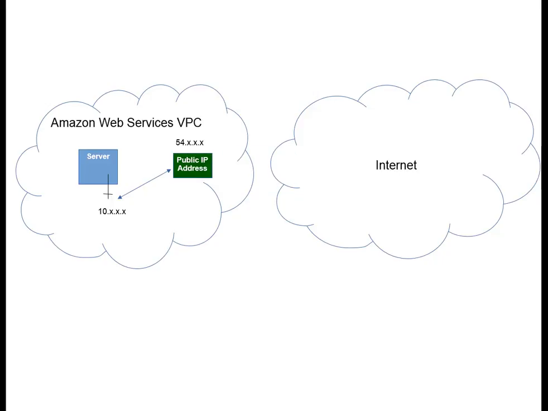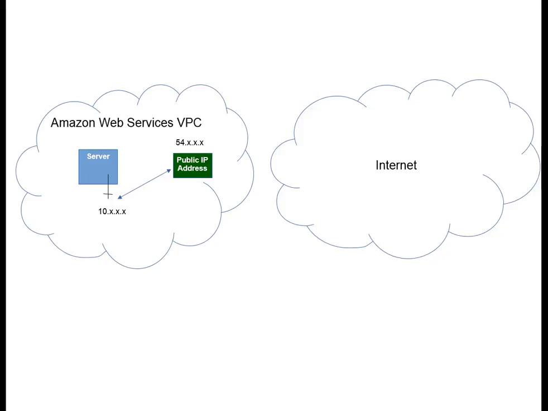Now, it's easy to make missteps when you're configuring Amazon VPCs, and especially if you do them over and over again, it becomes automatic, and sometimes becoming automatic means you forget a minor step.